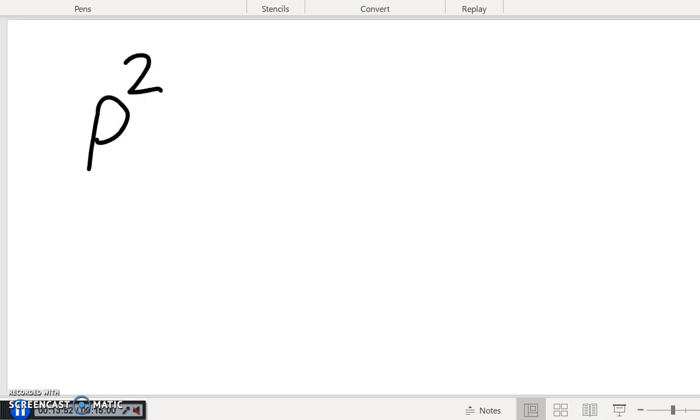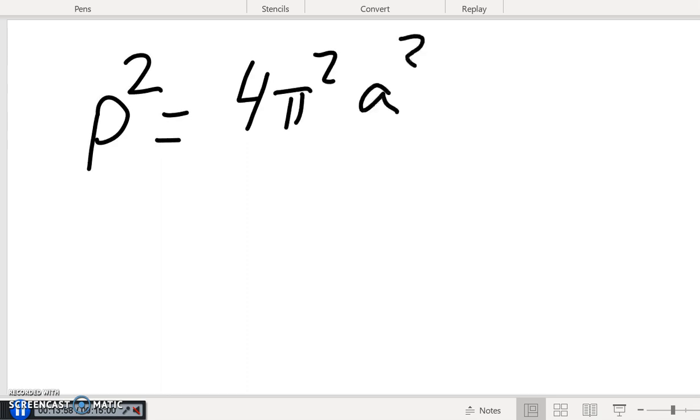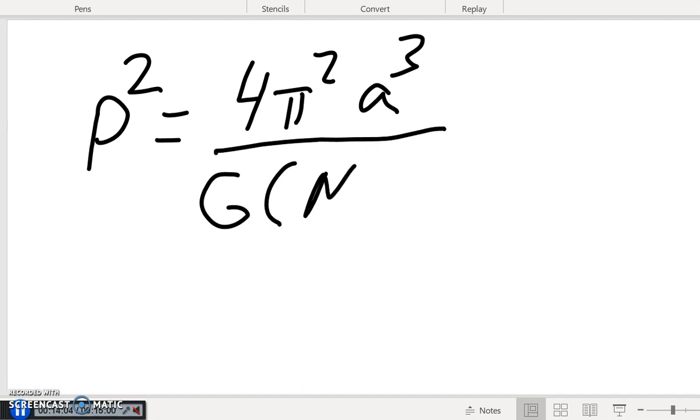P squared is equal to 4 pi squared A cubed over Newton's gravitational constant times the sum of the masses. And Newton actually derived this version.